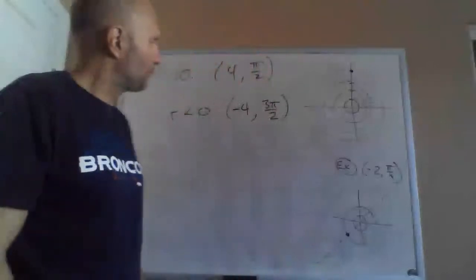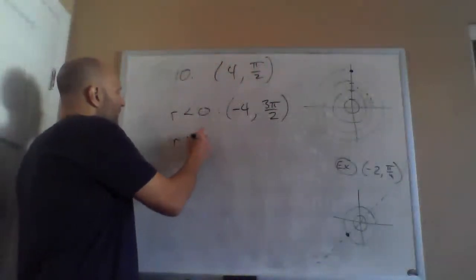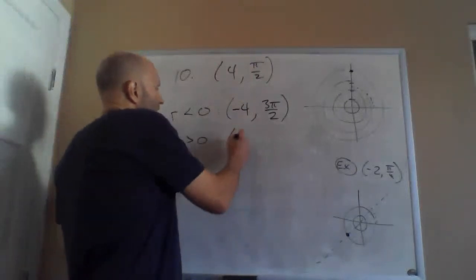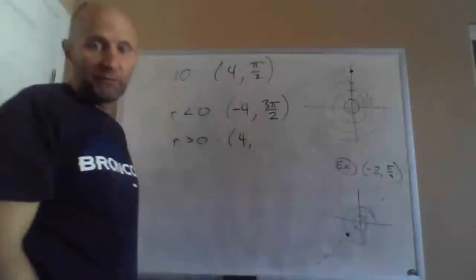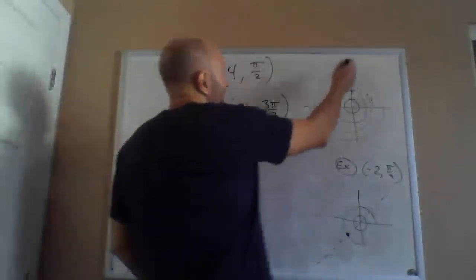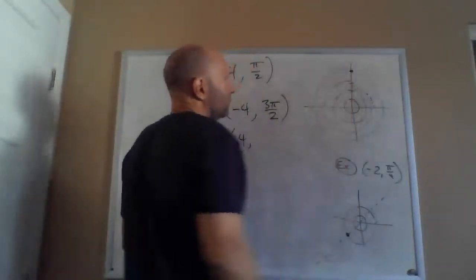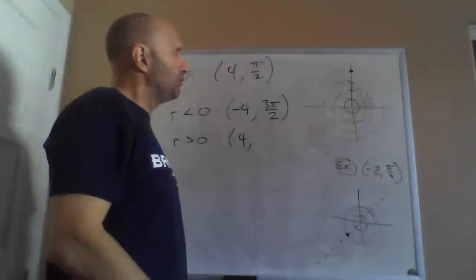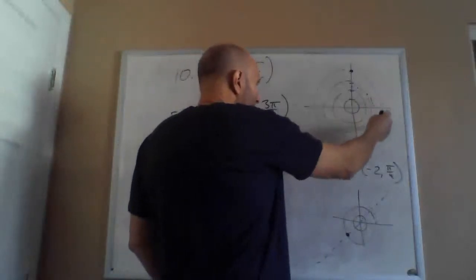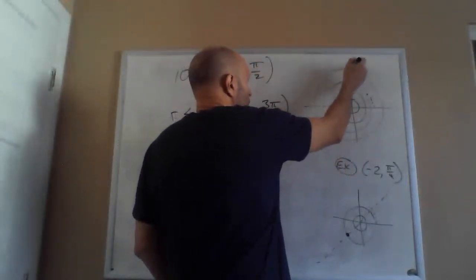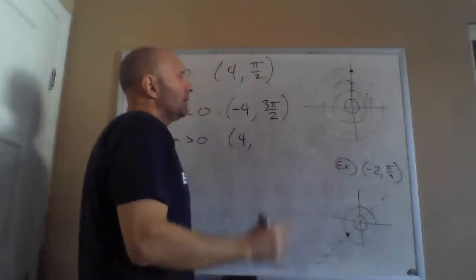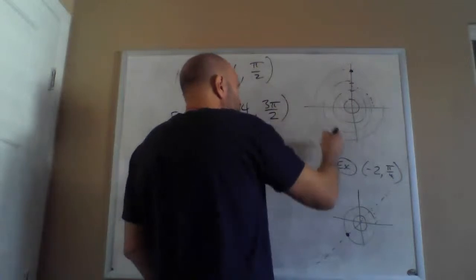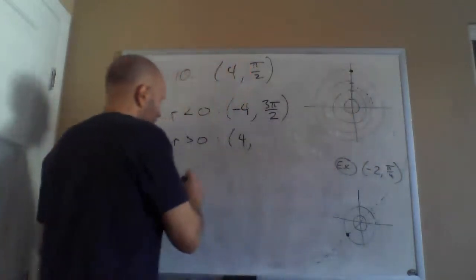All right. So now for r greater than 0, that means r is going to be positive again, so positive 4. So I have to get to this point with a theta that just ends up there. So what could I do? I could do either negative 3 pi over 2, that will put me up here, or I could do pi over 2 plus 2 pi to come all the way around the circle.